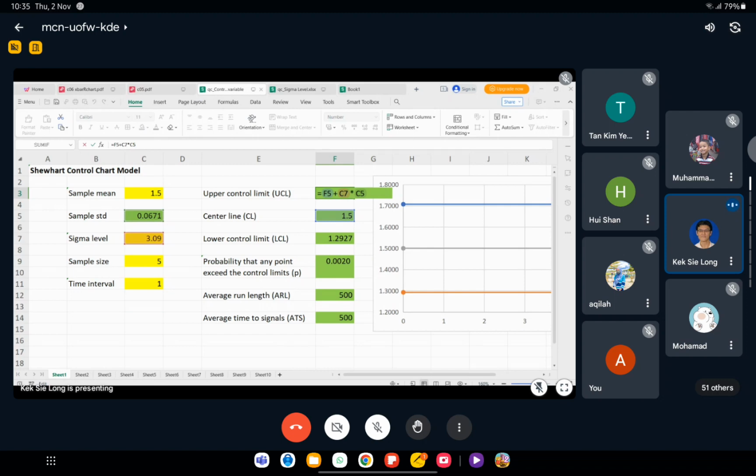Upper control limit, so F5, where is S5? Yeah, F5 plus C7 times C5. Enter. Central limit.